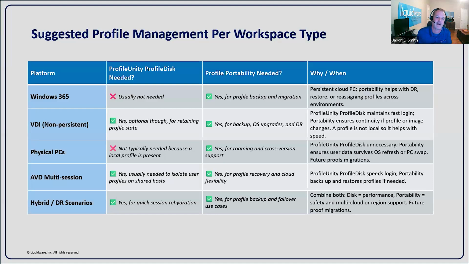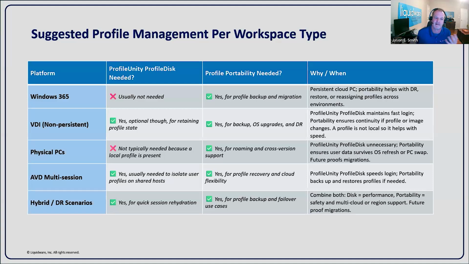Yes, it's helpful to have a profile disk or FSLogix in there to isolate the user profile on a shared host, and to have the ability to have a fast login. You also have portability in there, which is great in case you want to recover a profile at any time, and gives you flexibility across OS. Profile disk or FSLogix speeds login again, and portability comes in and backs up and can restore and become more granular if needed.